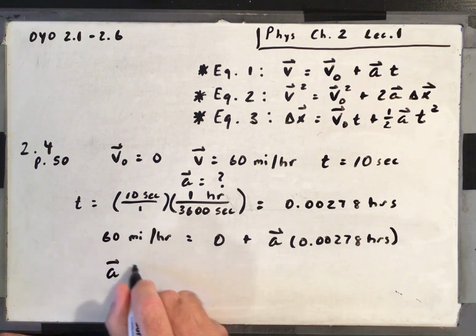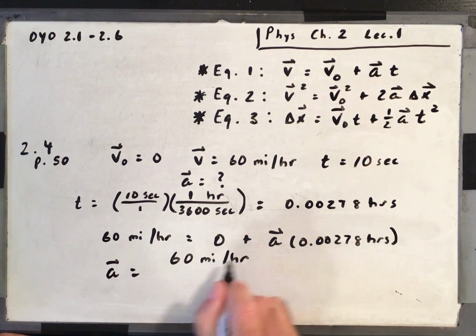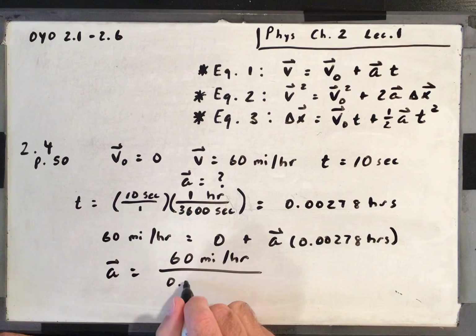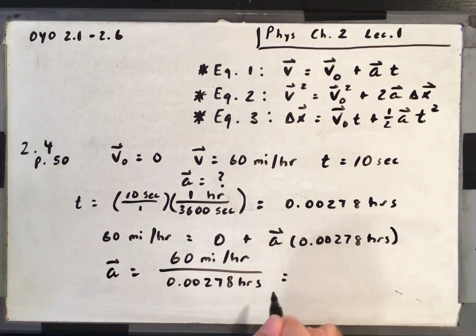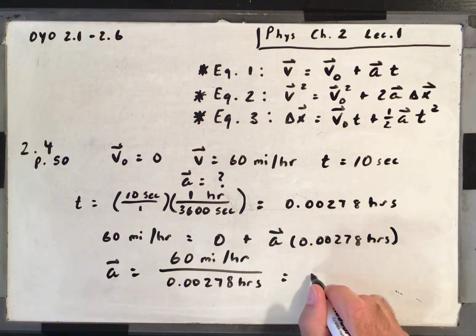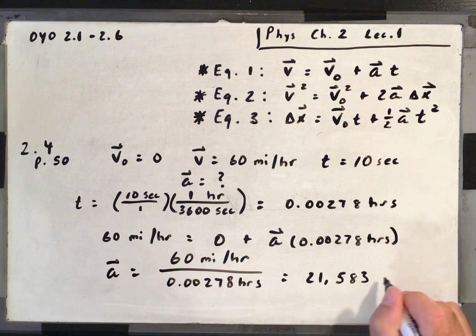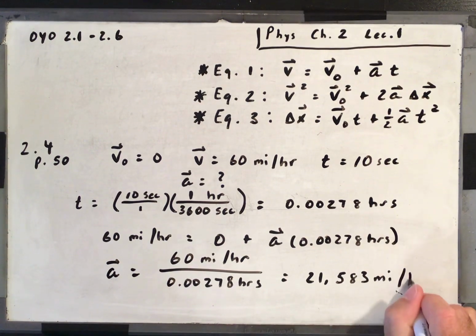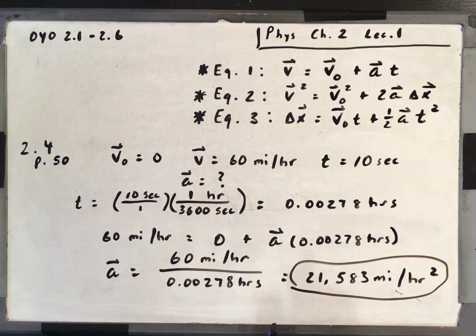All right, so acceleration is going to be 60 miles per hour divided by 0.00278 hours. All right, so 60 divided by 0.00278 is 21,583 miles per hour squared. All right, beautiful.